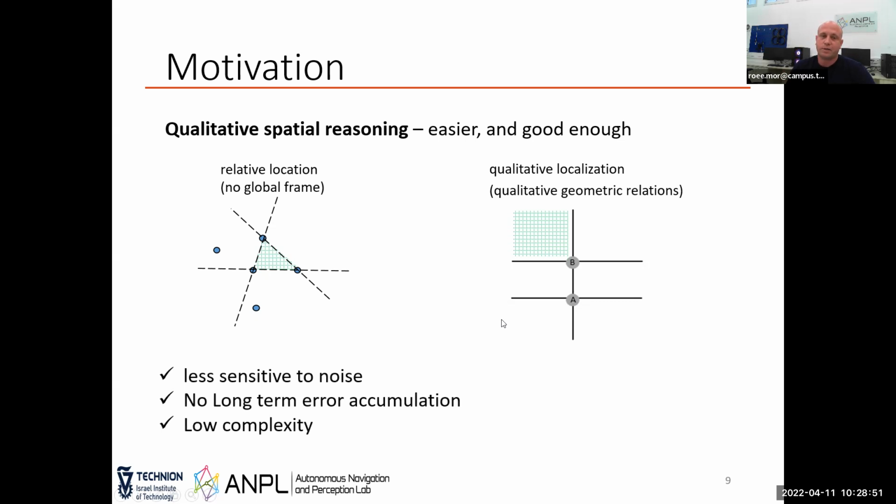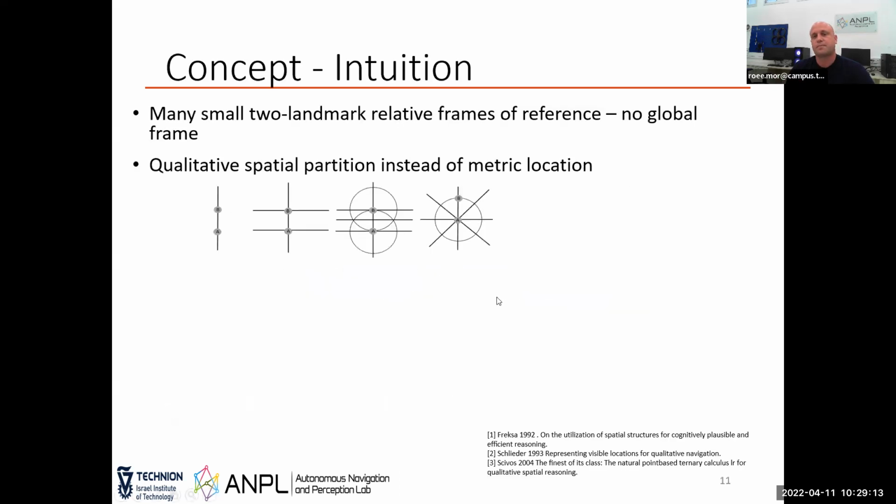So this is an example of a qualitative partition of the space. We hope this approach will be less sensitive to noise because errors will be ignored by the qualitative inference. And we hope it's going to be low on complexity, easy to compute on low compute platforms.